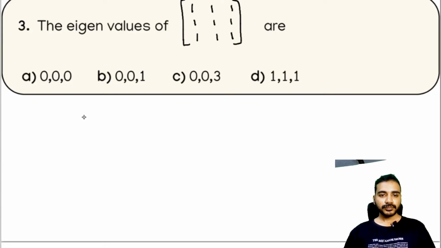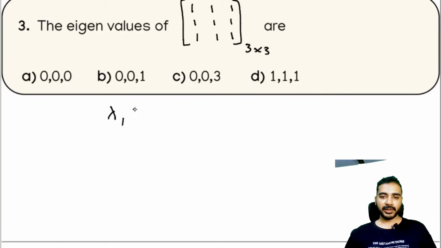Here it's a 3 by 3 matrix. So let's assume the eigenvalues are lambda 1, lambda 2 and lambda 3.